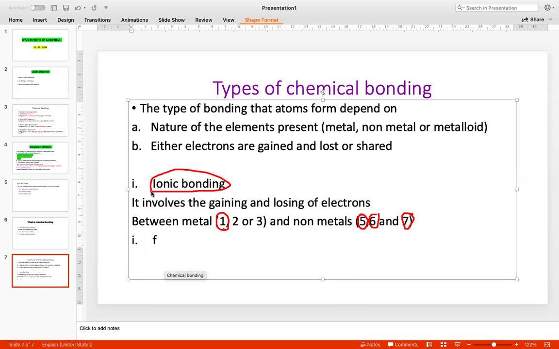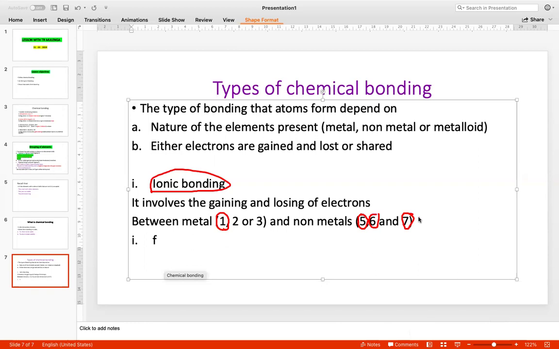Not only that, the metal is going to lose electrons, and the non-metal is going to gain electrons. As a result, ions will be formed.